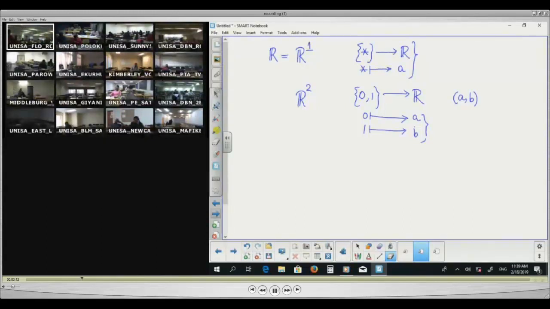The second coordinate is the image of 1. Okay? So generalizing in this way, what is Rn?